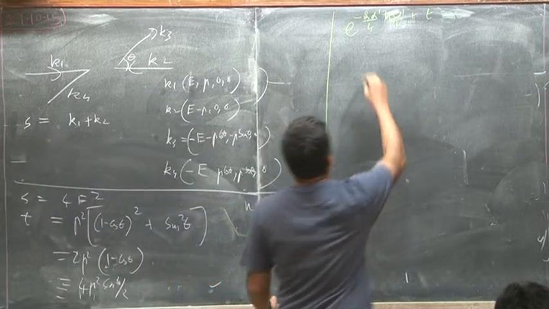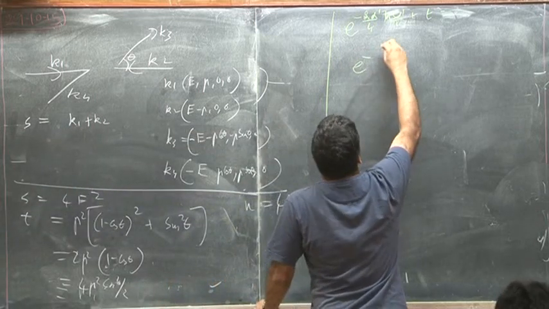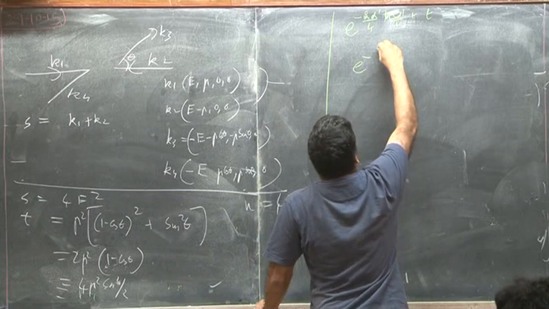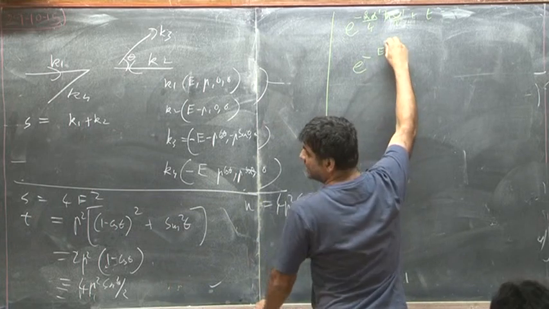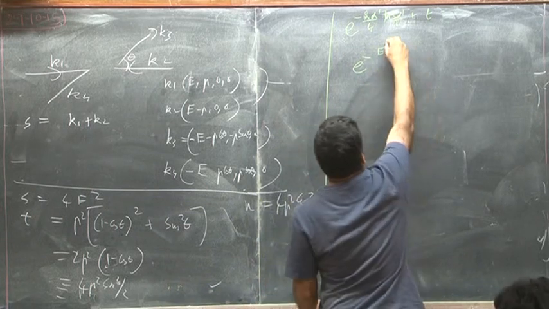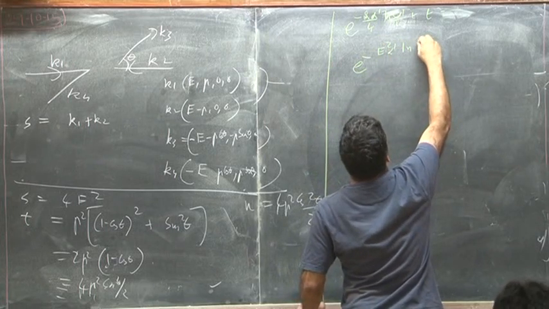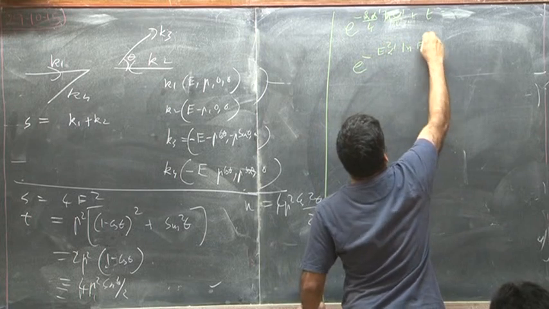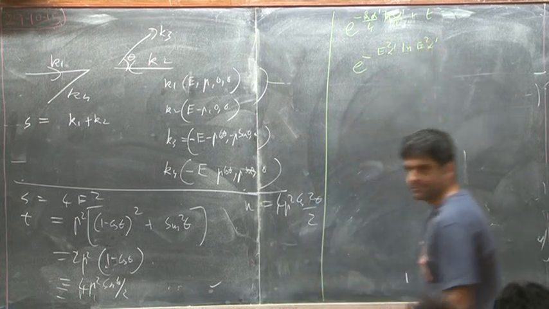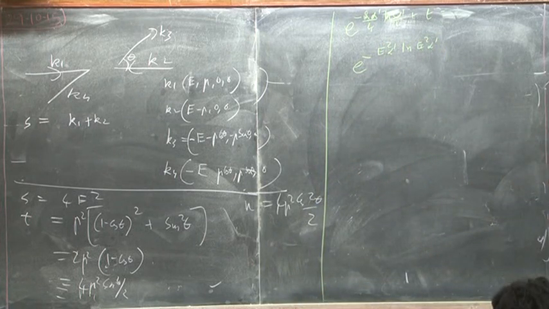For S, we just get e to the power minus e squared alpha prime log e squared alpha prime. Right? That was the S component.